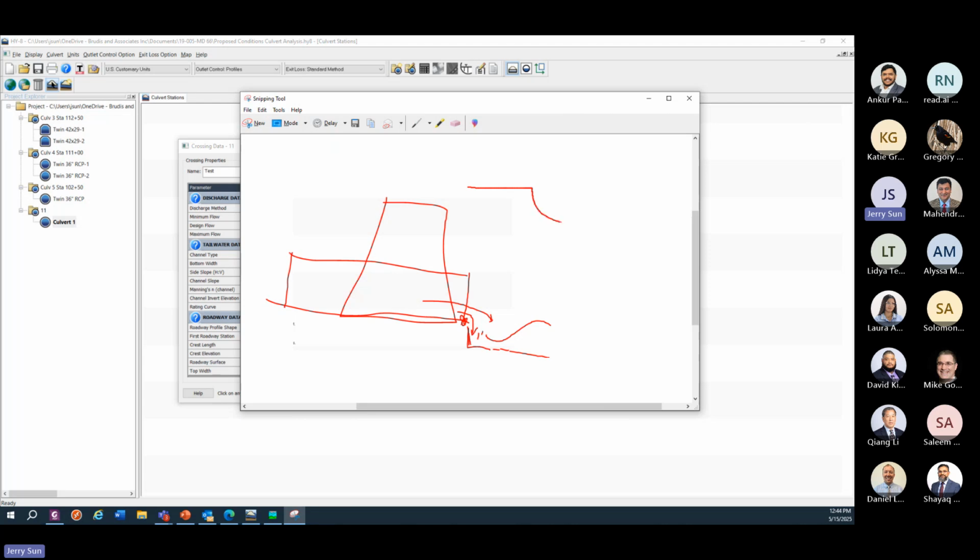What does the profile look like? The flow comes out, dumps in and jumps out, then comes to normal. It doesn't look nice, but I'm trying to show this flow line.